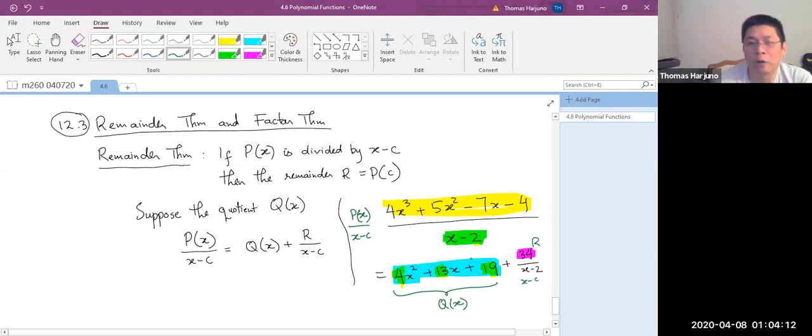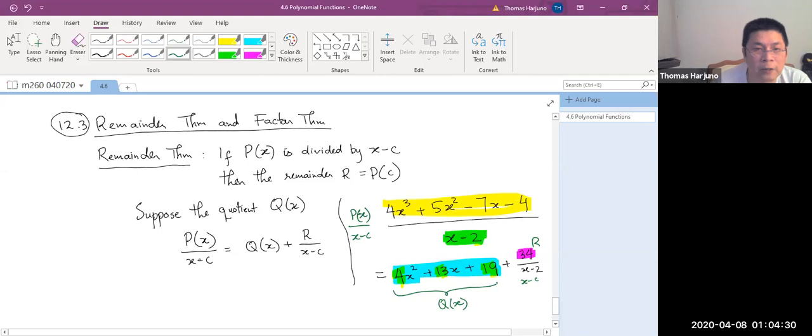Okay, now I just try to show you that when we divide P(x) by x minus c, the quotient is Q(x), and the remainder is r over x minus c.